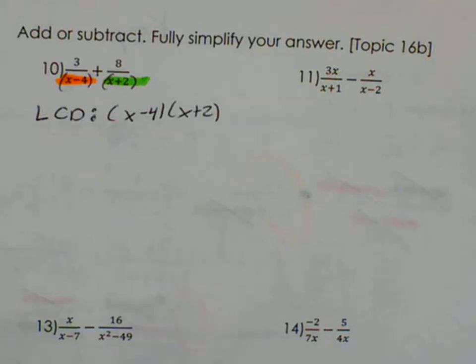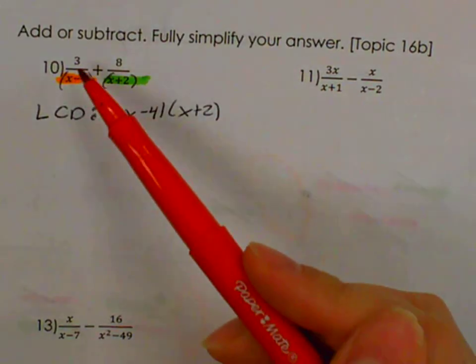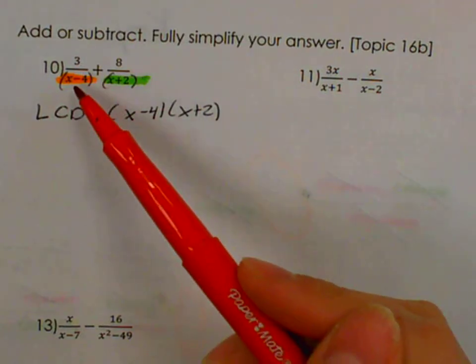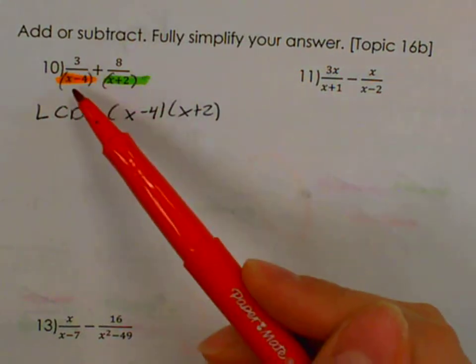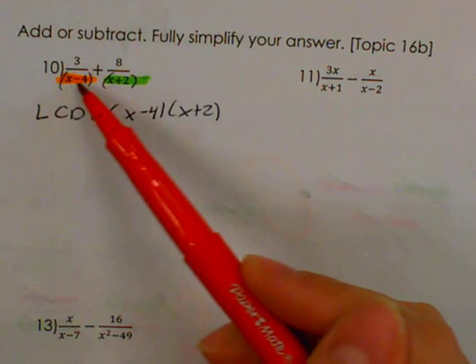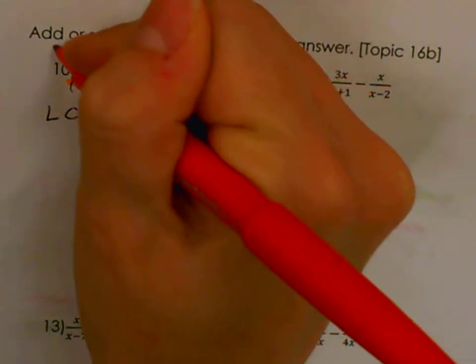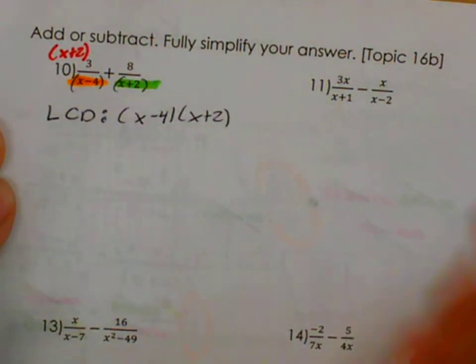I'm going to need to multiply the numerators of my fractions by what's missing. So I look at this first fraction, and I see that I have x minus 4 as my denominator. So I'm missing the x plus 2. So I'm going to multiply the first one by x plus 2.